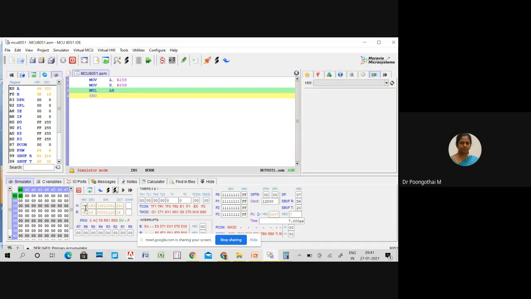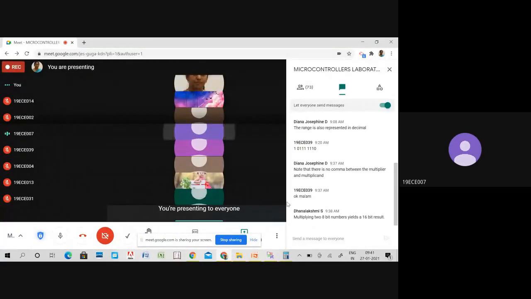Your lower byte is in accumulator and higher byte is in B register. After multiplication, your overflow flag is set to 1 to indicate the result is exceeded, because 153 is exceeded if we are assuming this is a signed number. Any doubts regarding this? No.